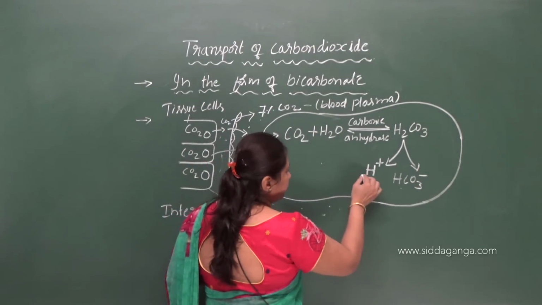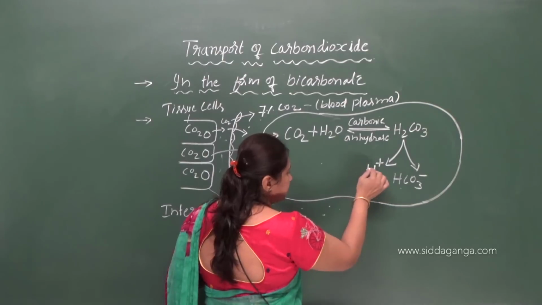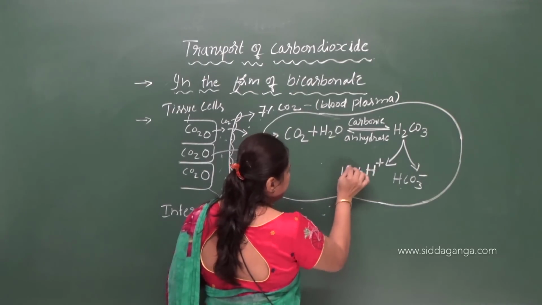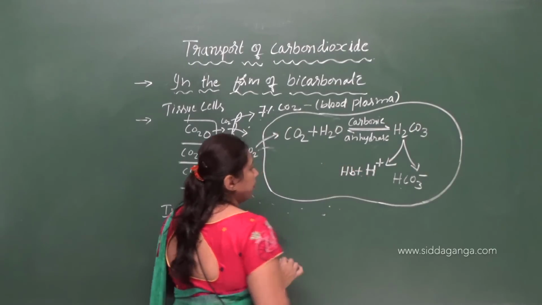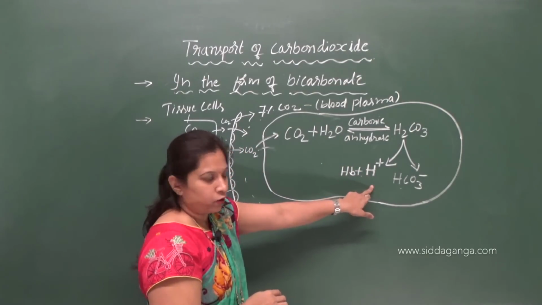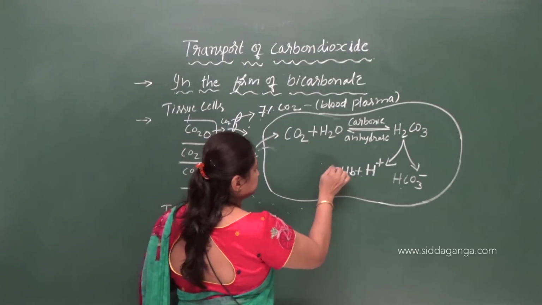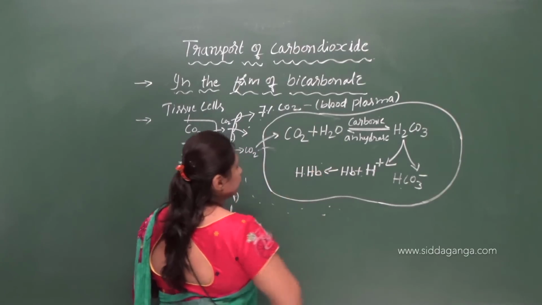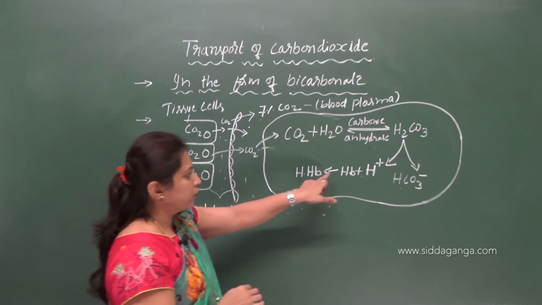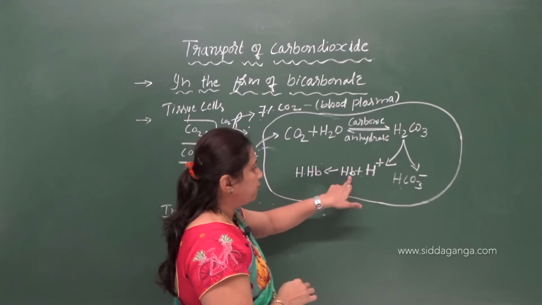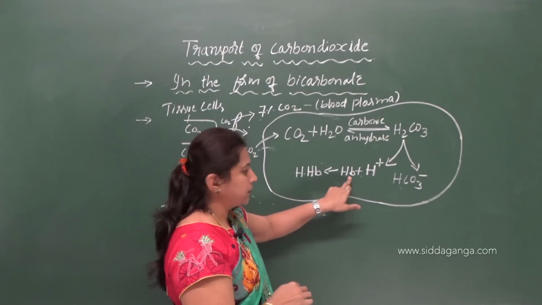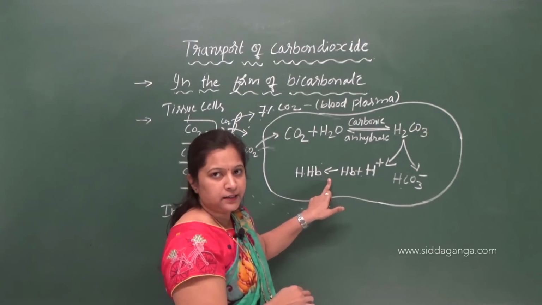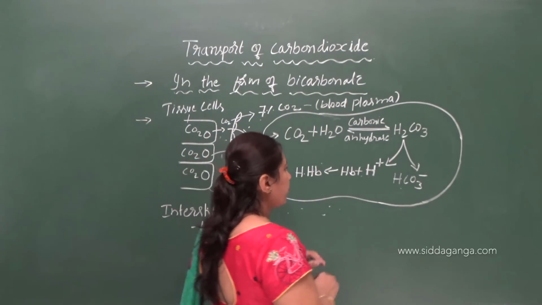In order to prevent the decrease of pH, these hydrogen ions combine with the hemoglobin and form hemoglobinic acid. So the hydrogen ions formed combine with hemoglobin present in the RBCs and form what? Hemoglobinic acid.